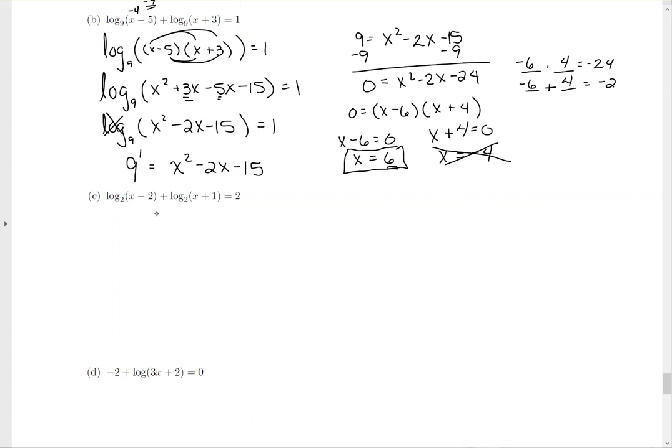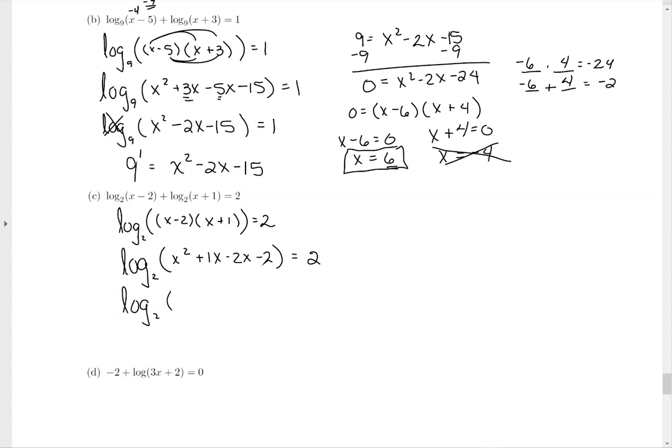Again, same idea here. Condense with addition, we're going to multiply. So it's x minus 2 times x plus 1. So log base 2 of, FOIL that out, x squared plus 1x minus 2x minus 2. Log base 2 of x squared plus 1 minus 2 is a minus 1x minus 2 equals 2.